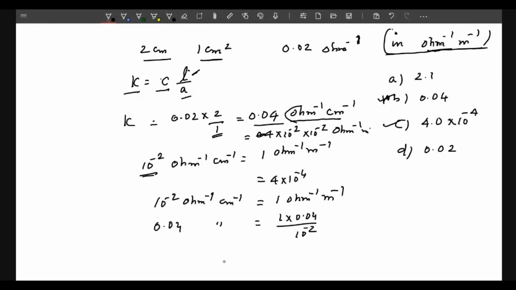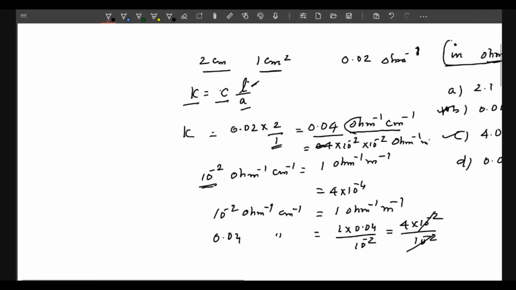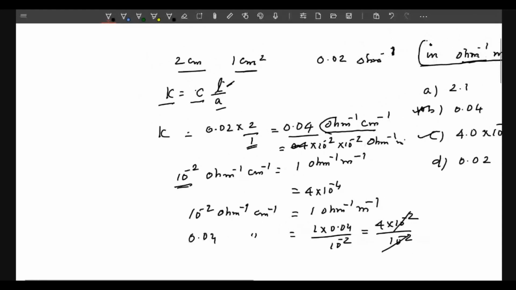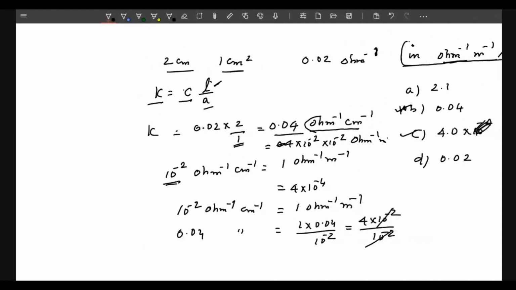Okay, thank you. Sorry. 4 into 10 power minus 2 by 10 power minus 2 cancel. Okay. But the given options are correct. Sorry, but thank you very much for indicating the error. 4 is the correct answer.